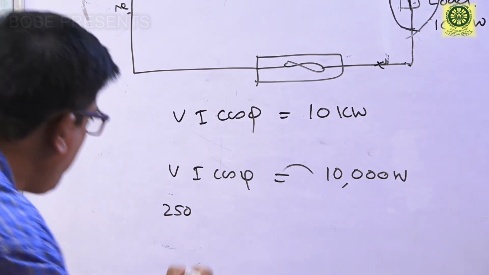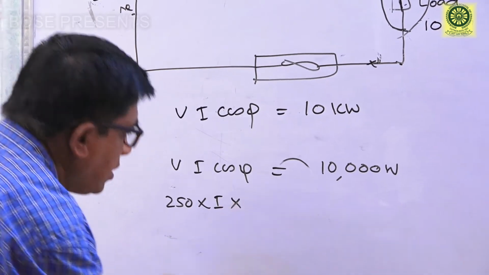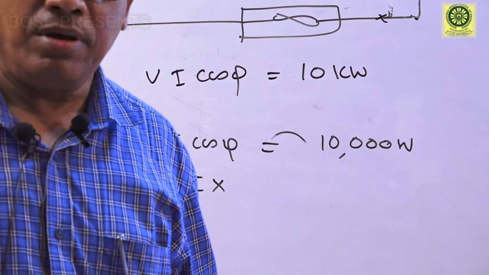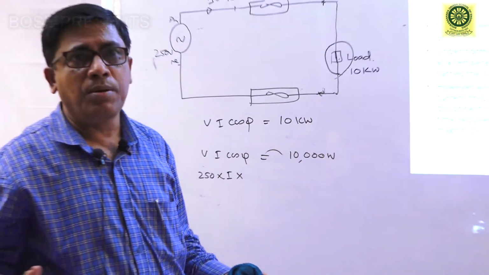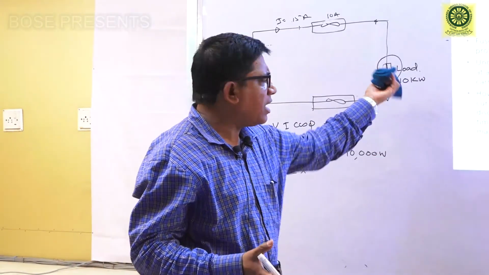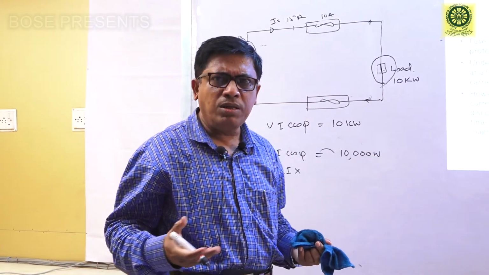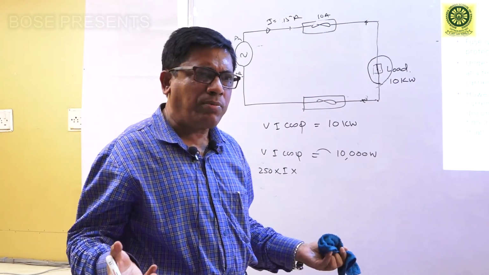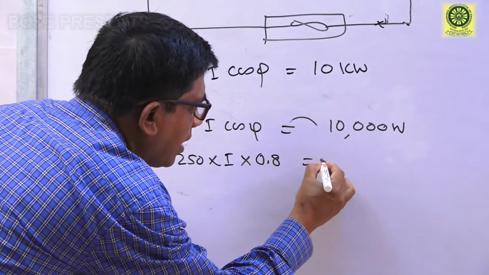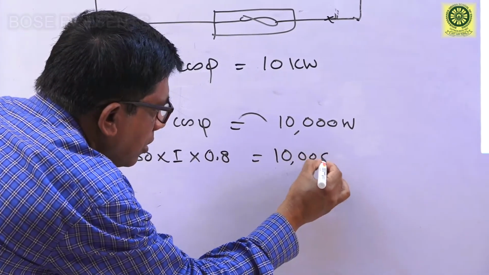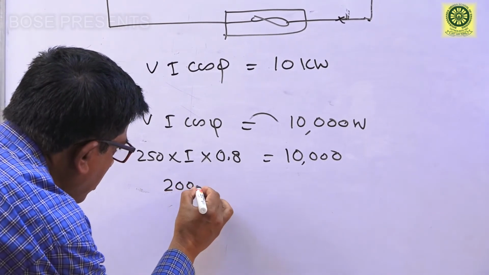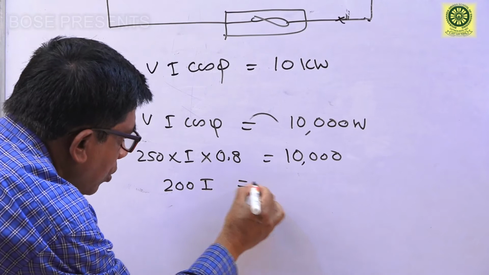So 250 into current I into the power factor. You can take 0.9, 0.8 or 0.95, because our domestic supply power factor is more than 0.9. Sometimes if you connect an inductive or capacitive load, the power factor may decrease. So you can take a power factor of 0.8 also. I am taking 0.8 power factor. Fine. So I can write 10,000. So what is the current? Now 200 into I is equal to 10,000.